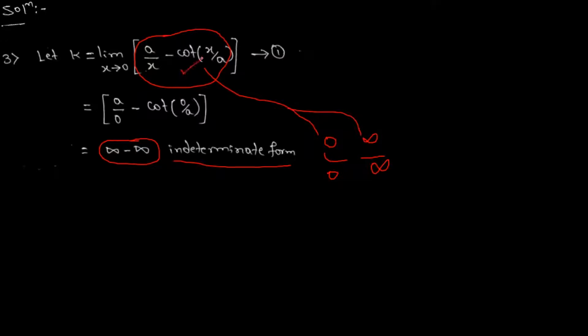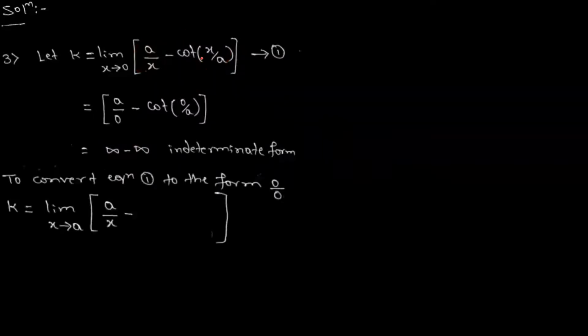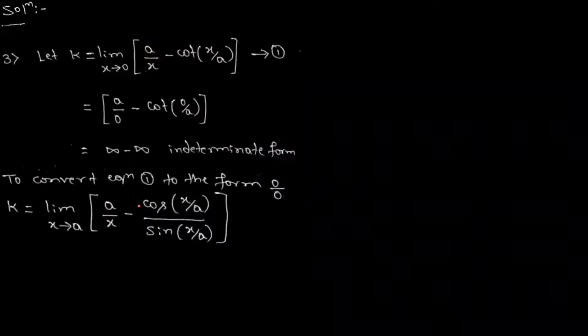Let us manipulate this function now. We have taken k is equal to limit as x is tending to a by x we have kept as it is. Here we can write this cot of x by a as cos of x by a divided by sine of x by a.